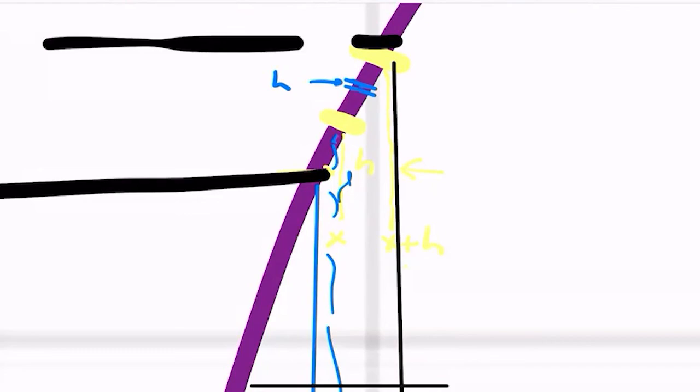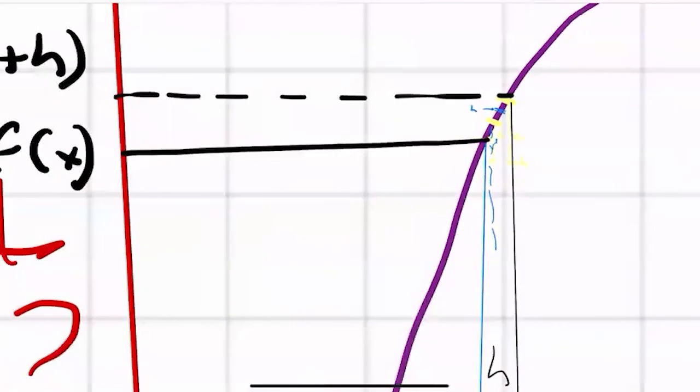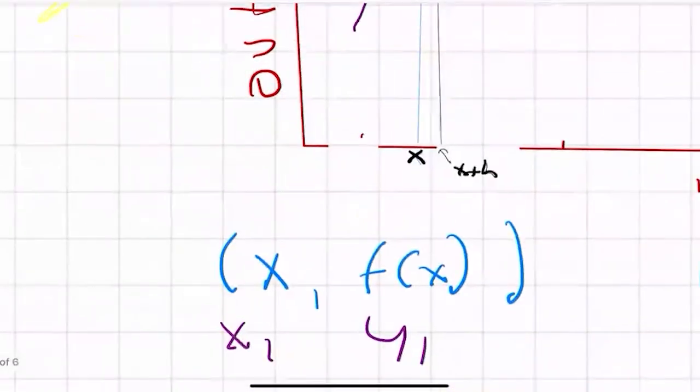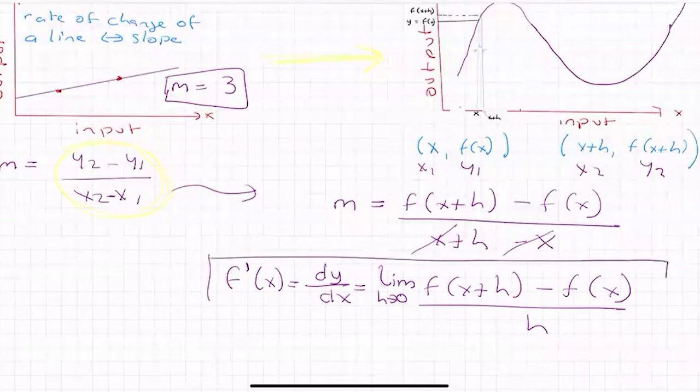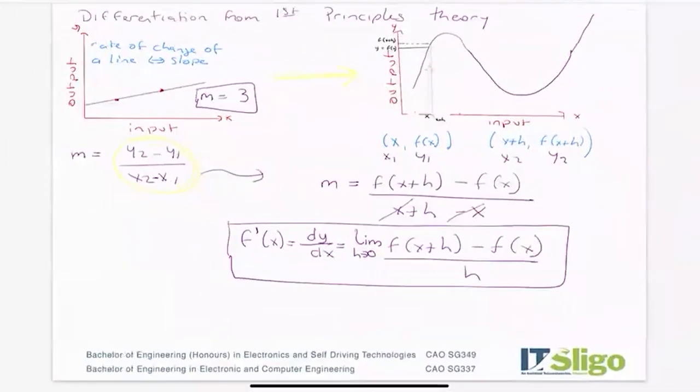It approximates a straight line even better. So in maths language, that means that I take h to the limit. In other words, h approaches 0. So h becomes so small that it's 0.000 something. It's very close to 0. And that formula there is the formula that we will use for differentiation from first principles.